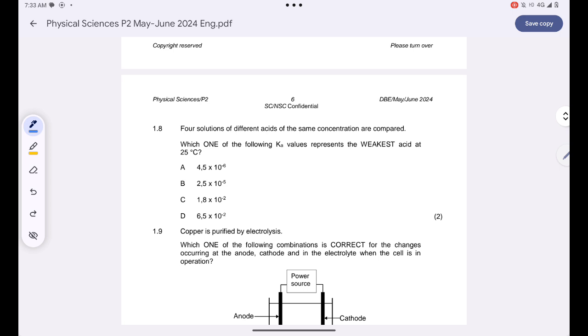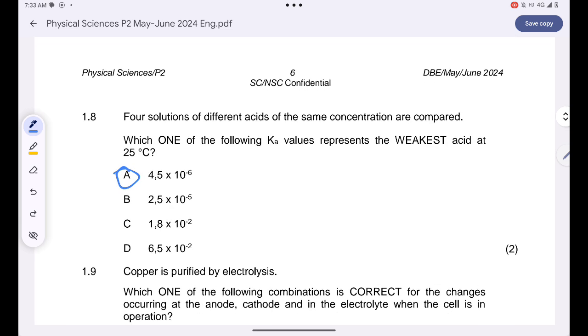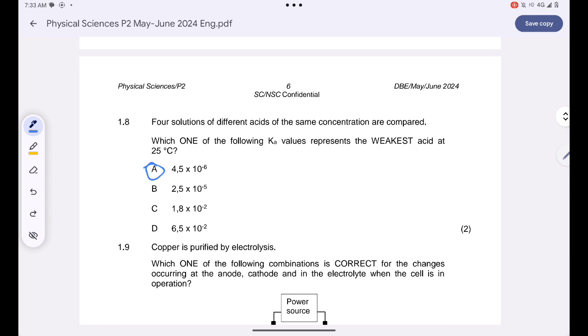So the one with the smallest number over here is the first one. Why do I say it has a small number? Because it has a more negative exponent. So if your number, guys, has a more negative exponent, it simply means it's smaller. So A has the lowest ionization constant.